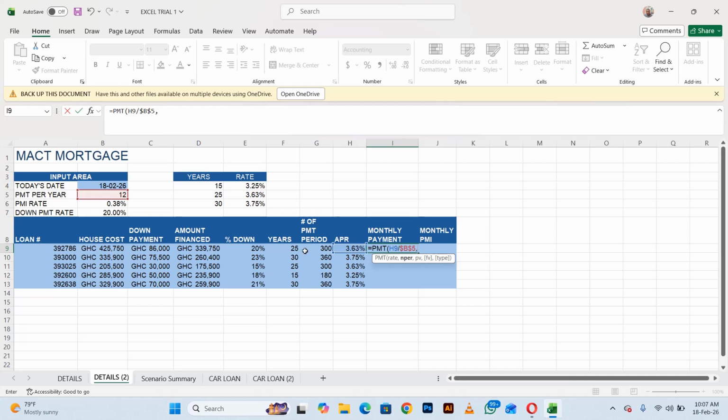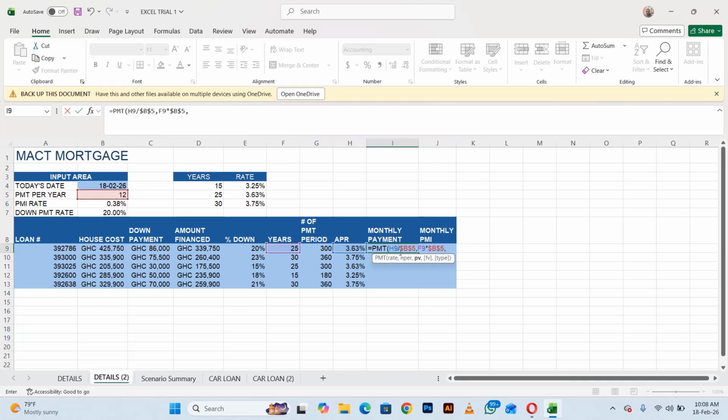Since we have the number of periods here, you can just select it and we are good to go. But in case you don't have the number of payment periods, you can key in 25 times the number of times, which is 12, and then you lock it. So now you've gotten the number of payment periods and the rate.